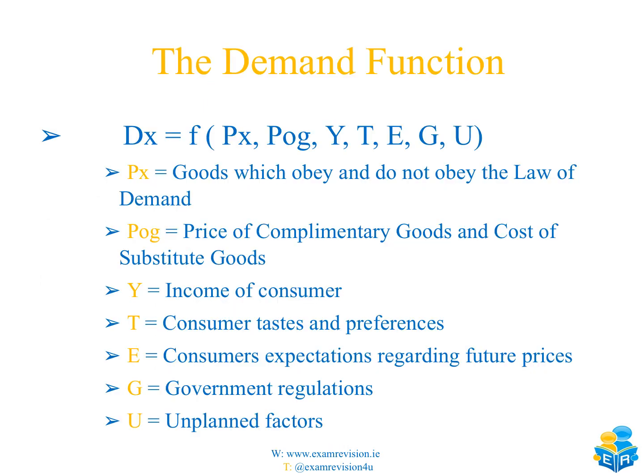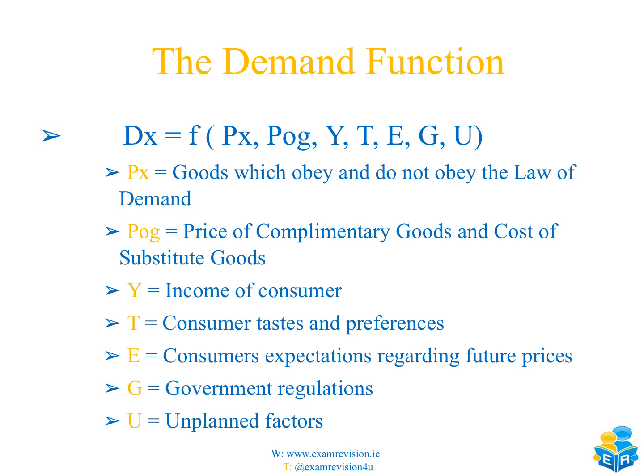So it's vital then that we know what those factors are that can cause a shift or simply the movement. So often you'll see this written in textbooks: the demand for X is a function of the price of X, POG is the price of other goods, Y is income, T is taste or preferences, E is consumers' expectations regarding future prices, G is government regulations, and U is unplanned factors.